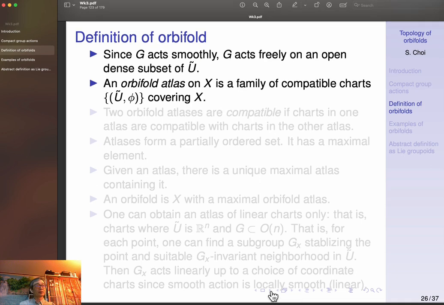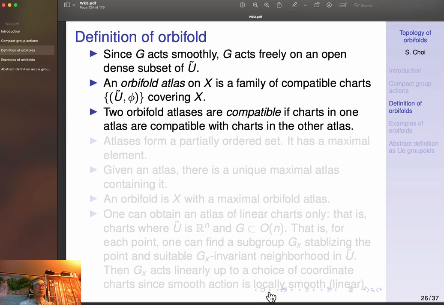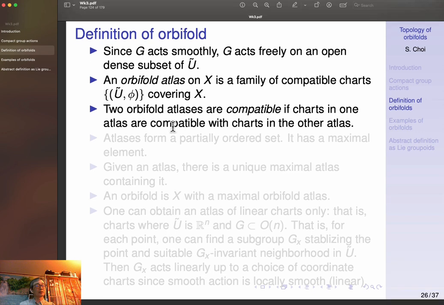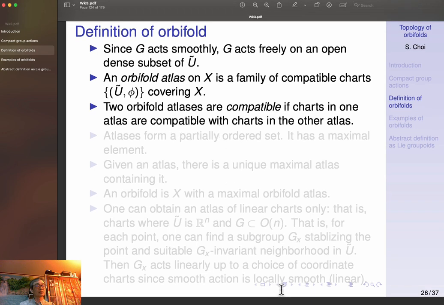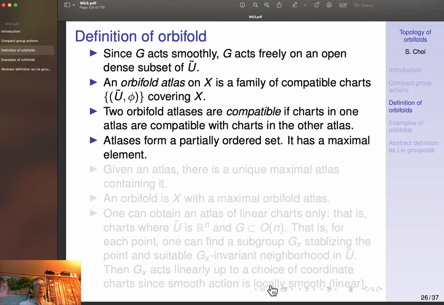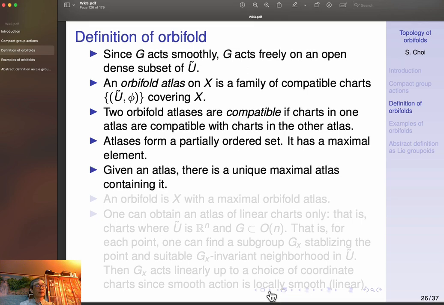An orbifold atlas of X is a family of compatible charts covering X. Of course I am omitting the group G here. Two orbifold atlases are compatible if charts in one atlas are compatible with charts in the other atlas. So the set of atlases forms a partially ordered set by the inclusion relation, and of course it has a maximal element by Zorn's lemma.